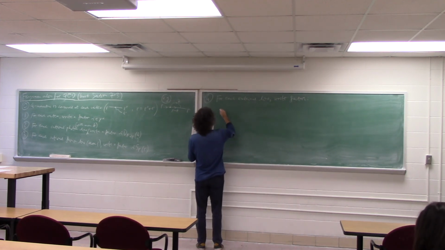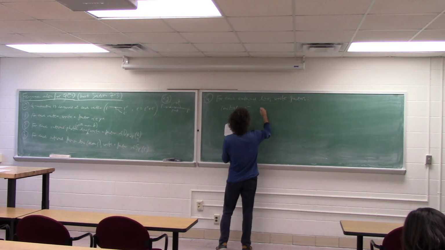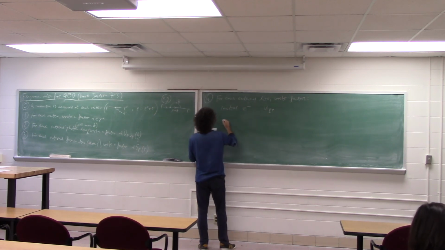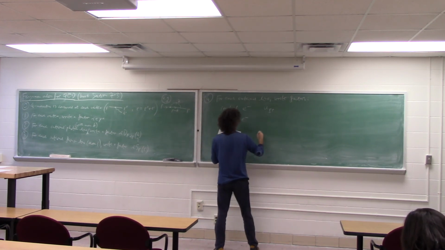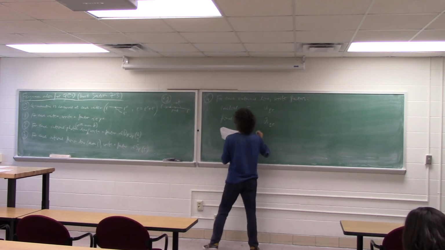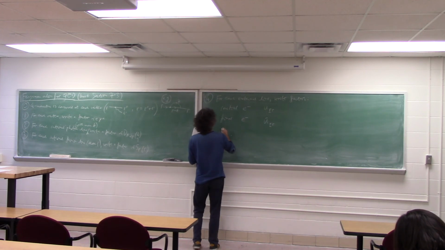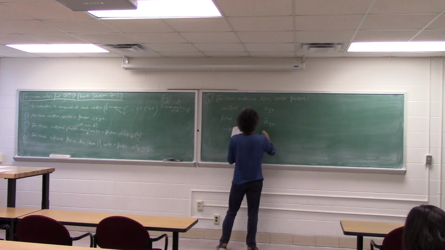If it's an initial electron, I write a factor u(p, r). If it's a final electron, I write a factor u bar(p, r). If it's an initial positron, I write a factor v bar(p, r).